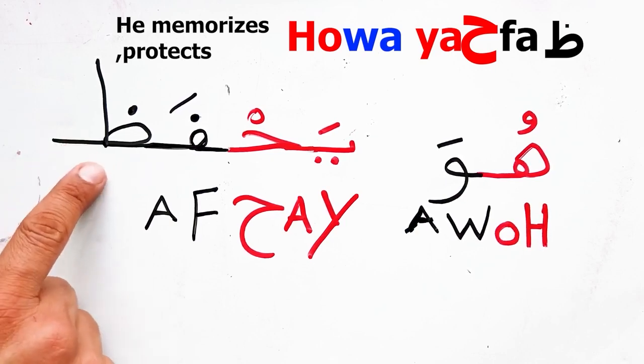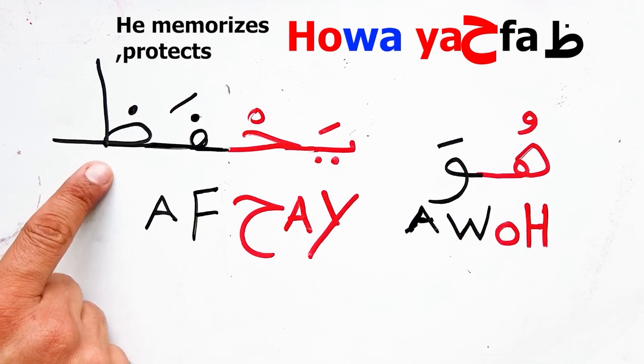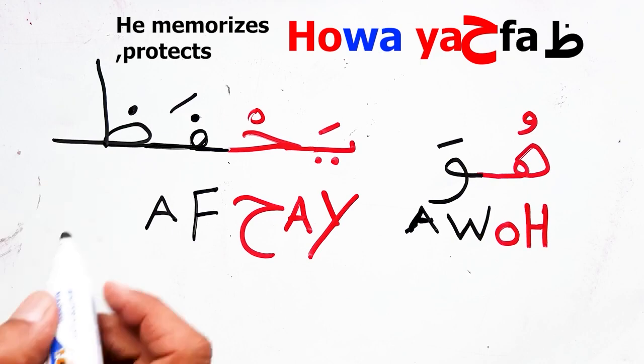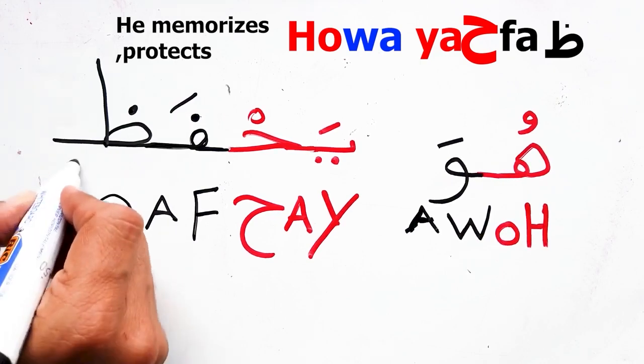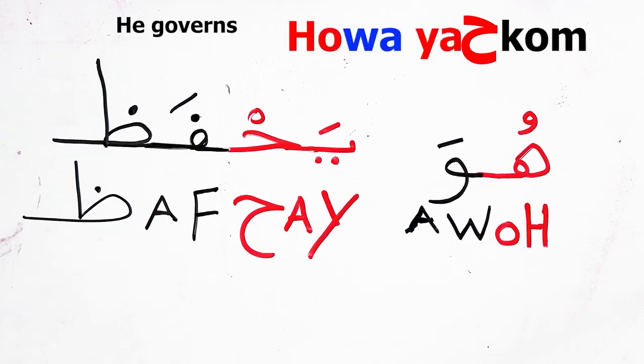You must use your tongue to touch your upper teeth to pronounce it. It's a strong the, but it is not the. So let's add it the same here. هو يحفظ.